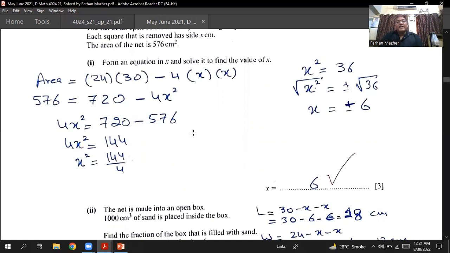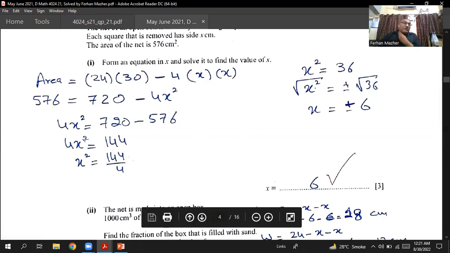The area of the net will be the big rectangle, that's 24 multiplied by 30, minus the four squares, and each side of that square is x, so minus 4x into x. So you will have 576 equals 720 minus 4x squared. Bring the 4x squared to this side, so 4x squared equals 720 minus 576.